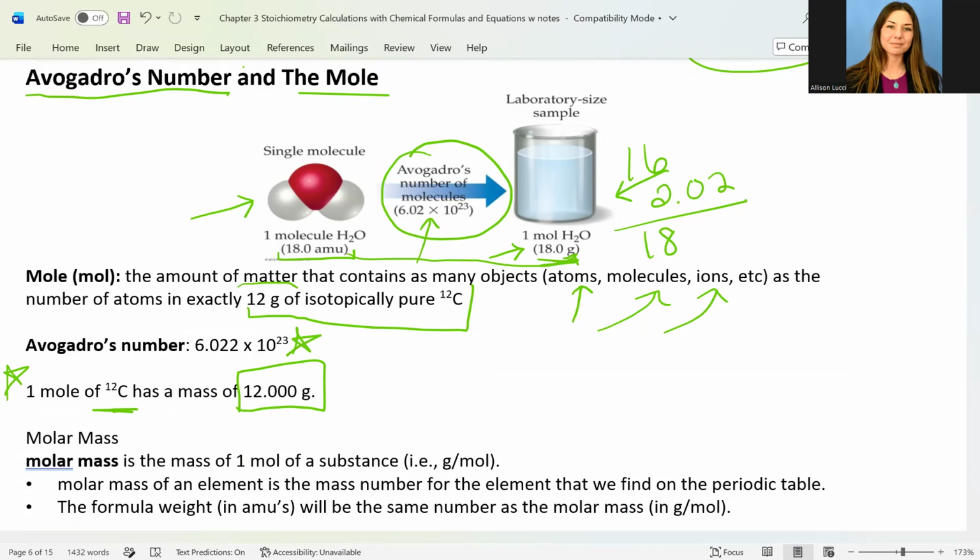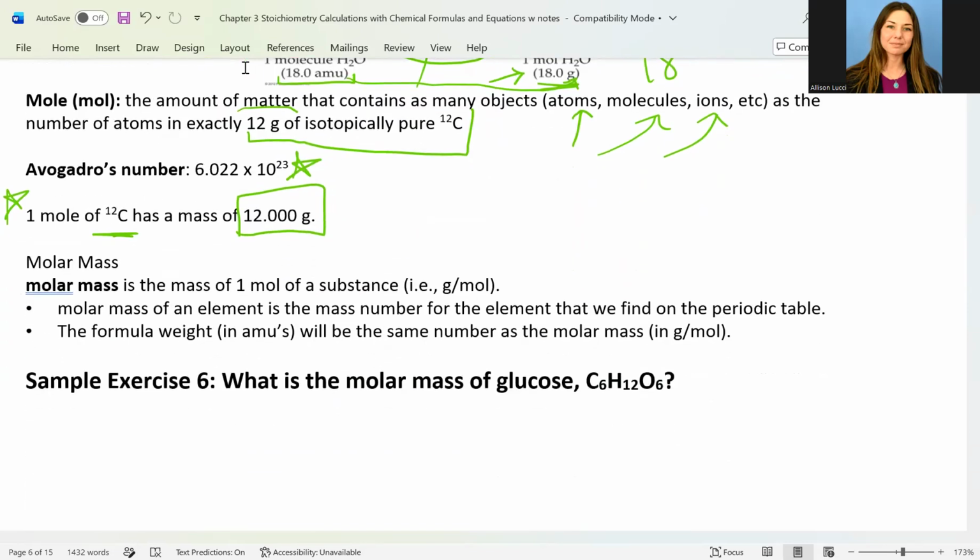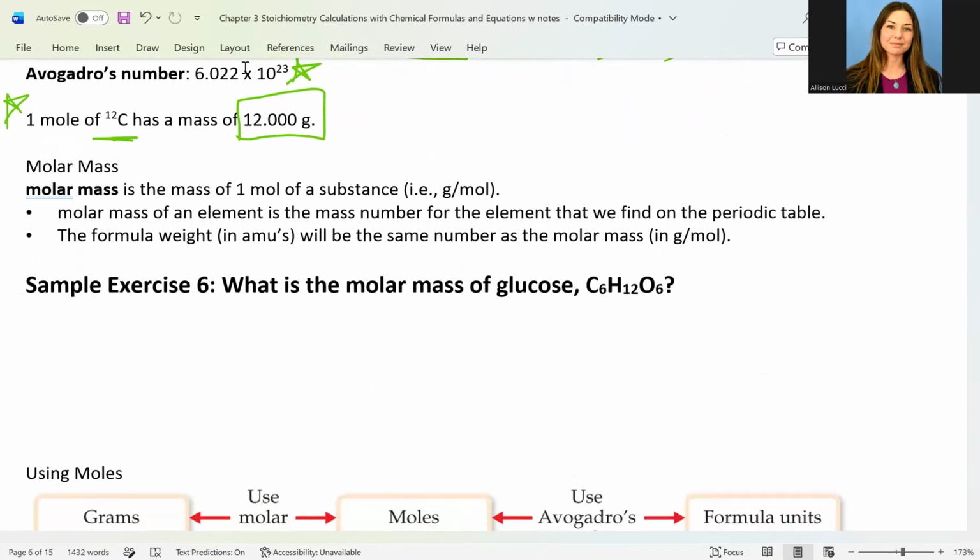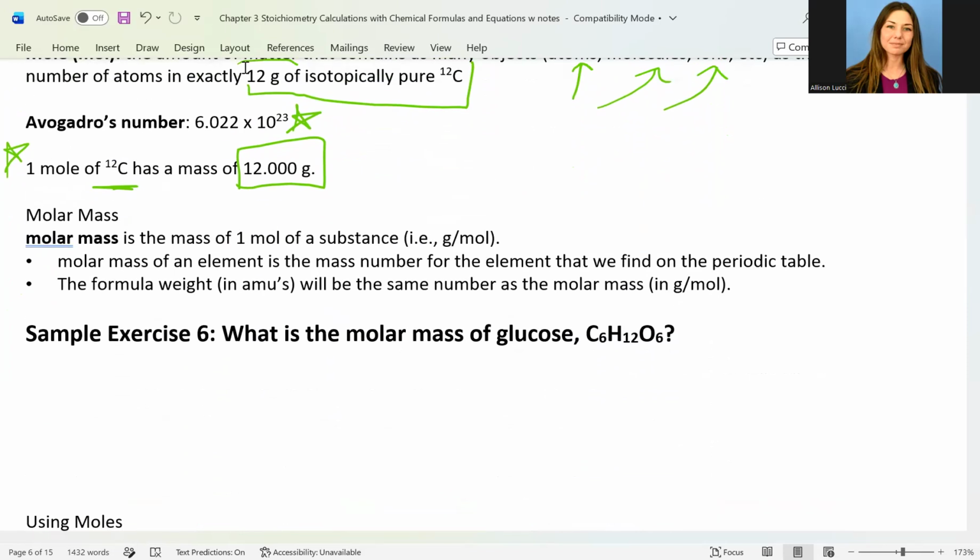We're going to use that as a conversion factor when we start doing some calculations. For example, if we want to know how many atoms there are in a certain substance, we can use this molar conversion factor. And that brings us to this terminology here that we call the molar mass.